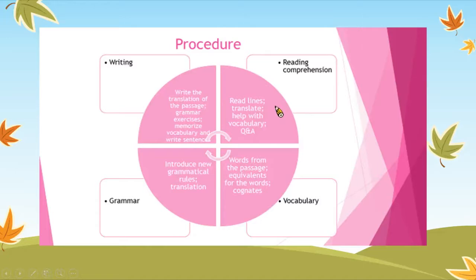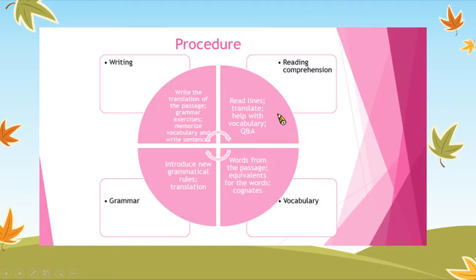And students will be asked to memorize these new words in both the target language and the meaning in their native language. Later on, the teacher will introduce new grammatical rules in a deductive way. And then also in this stage of learning, students will be doing a lot of translation exercises, because one of the goals of this method is to equip students with the ability to translate between the two languages, namely their target language and the native language.